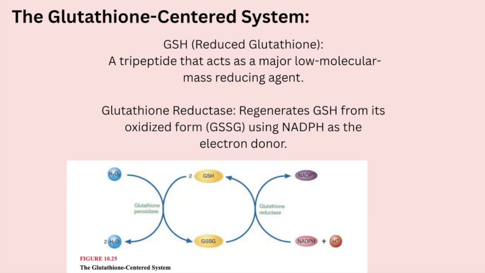Okay, why is it reduced? We said it works on what? Peroxide into water. So imagine you have, I don't know if I can point, but do you see the H2O2 on the left here? Yes. So for this one, we're going to use GSH. It has hydrogens.